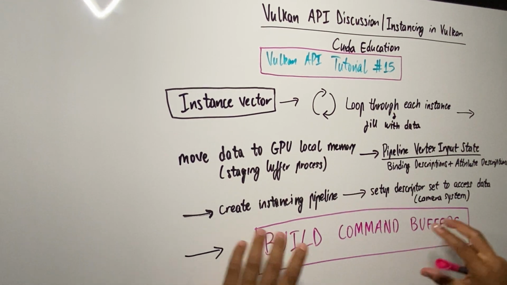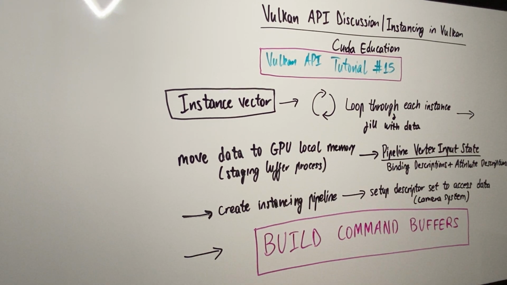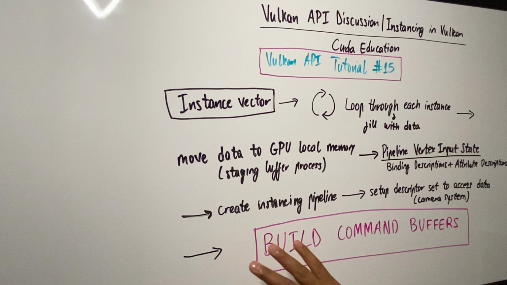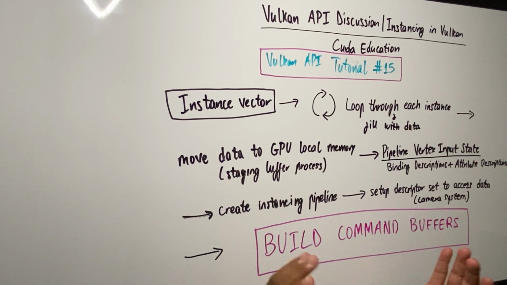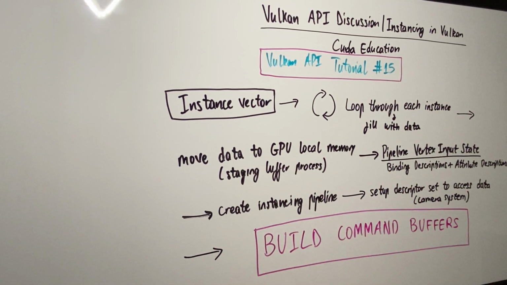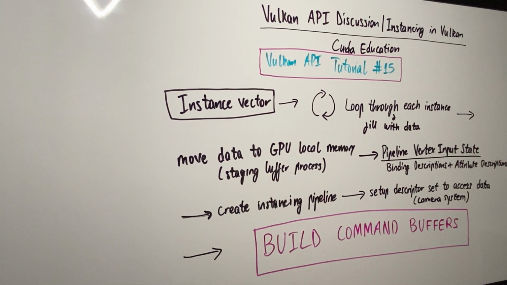So the command buffers, building the command buffers, which is its own kind of function, is sort of the final thing that you do in order to render to the screen, right? It's sort of the finale, if you will. And of course, we have three different pipelines that we're working with, but I'm just concerned with the instancing part, okay?